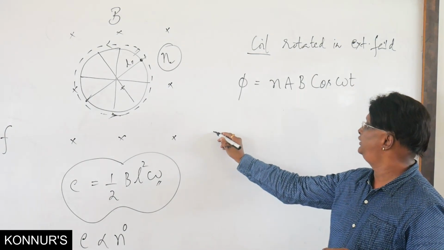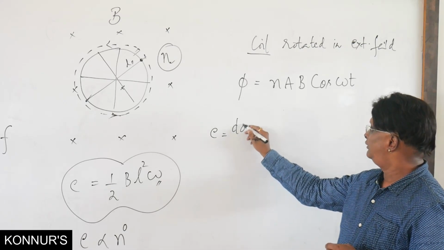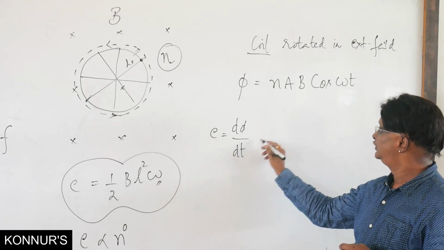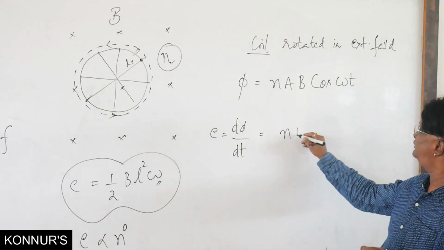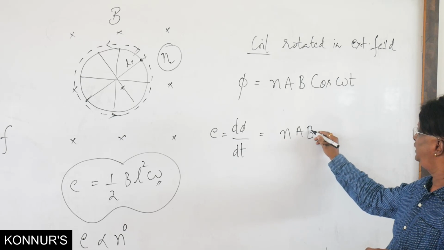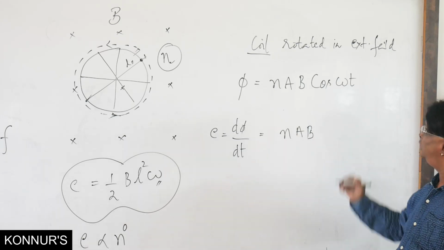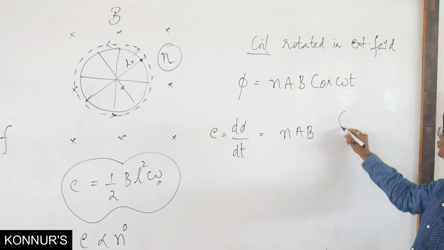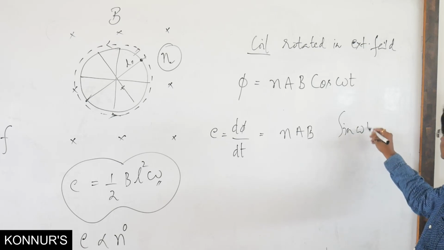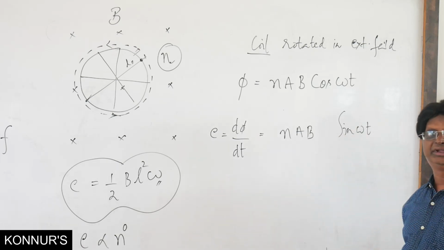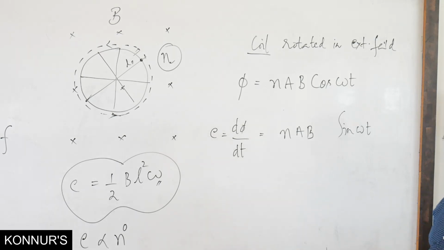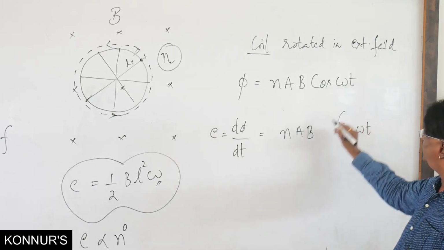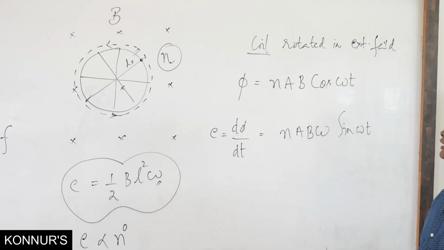And now what will be the induced EMF? Yes, our Faraday's second law, the rate of change, the derivative, which will give you NAB, all constants being outside the operator. Now cos omega t gives rise to sin omega t, of course with that negative sign, which always speaks of the phase relation between the two terms, and the derivative of omega t becomes one more omega.